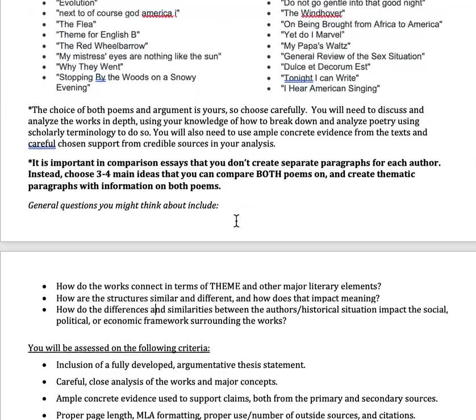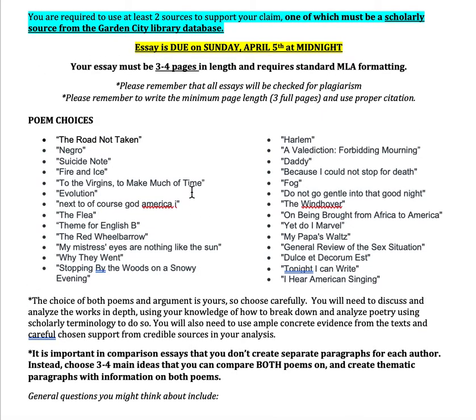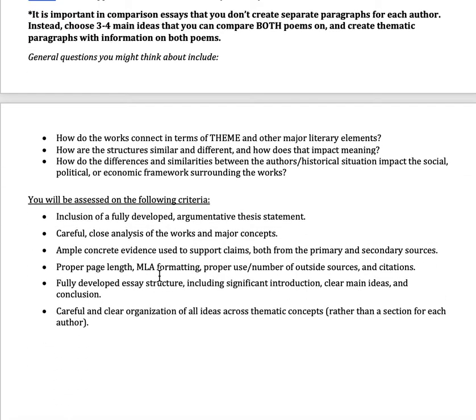So, for example, how was Theme for English B representative of a particular social or political or economic standing or issue? And same thing as, say, I don't know, A Valediction Forbidding Mourning. How did that talk about the trauma of war? So these are just some concepts you can start thinking about.